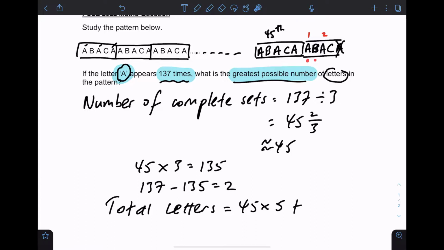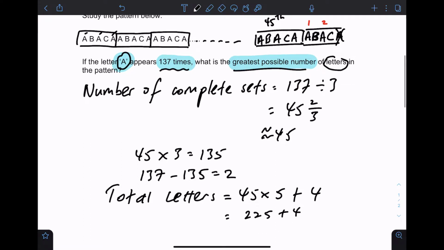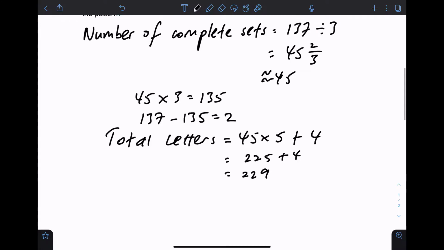There's 1, 2, 3, 4 letters in that incomplete set. 45 times 5, that's 225, plus 4, 229 letters in total. This is the final answer for this question.